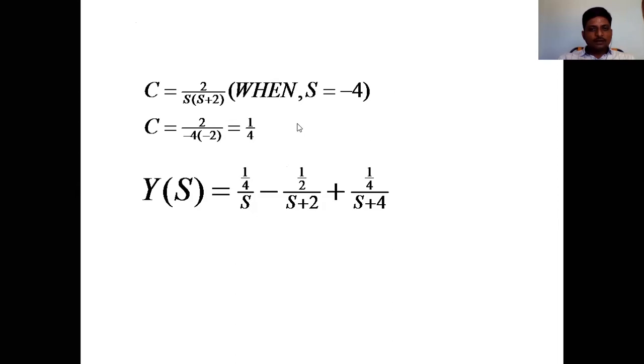After getting all the arbitrary constants, we substitute them in the above equation. This is the value of A, this is the value of B, and this is the value of C. After substituting, you apply the inverse Laplace transform on both sides.